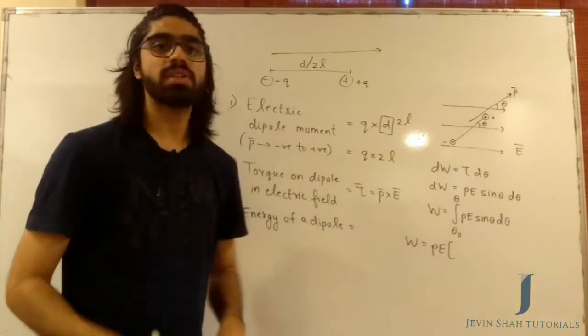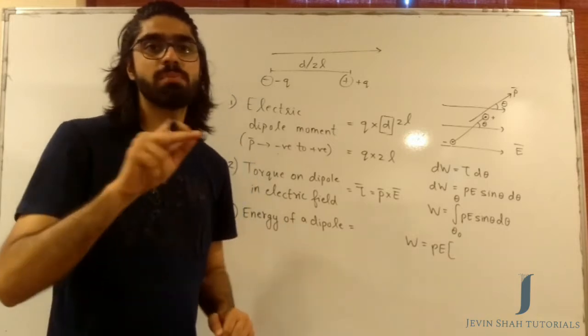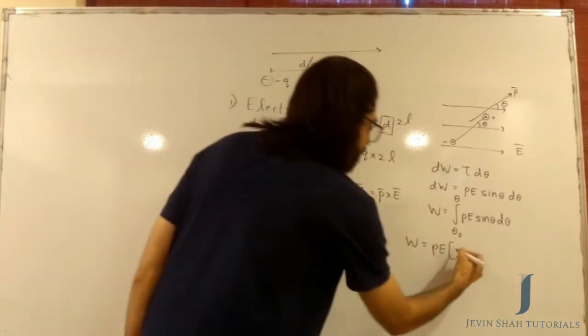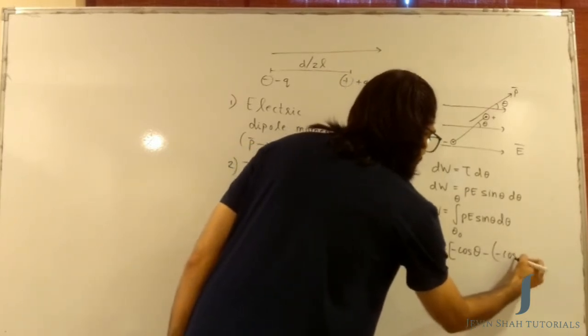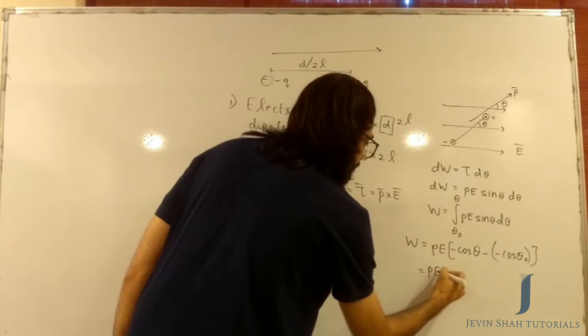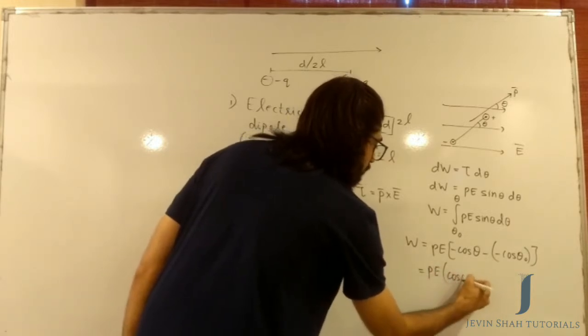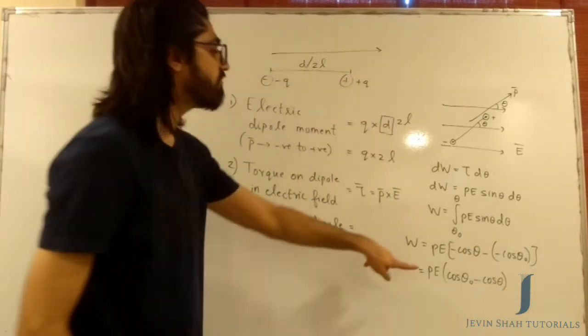When you put in the upper limit theta, you get minus cos theta, minus the lower limit, that is minus of minus cos theta naught, and that gives us the work done as PE into cos theta naught minus cos theta. This becomes the final formula.